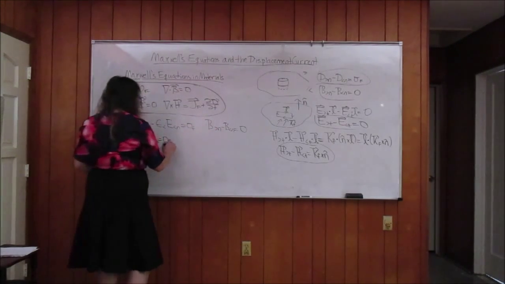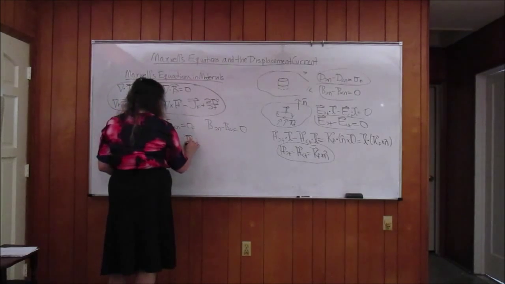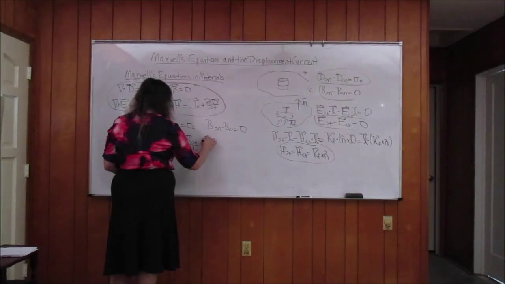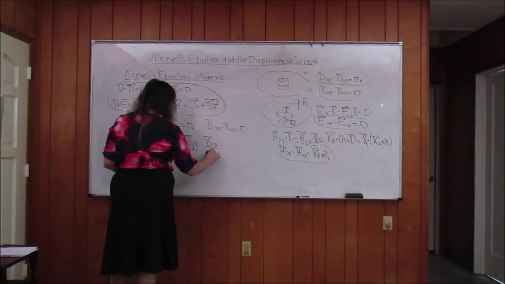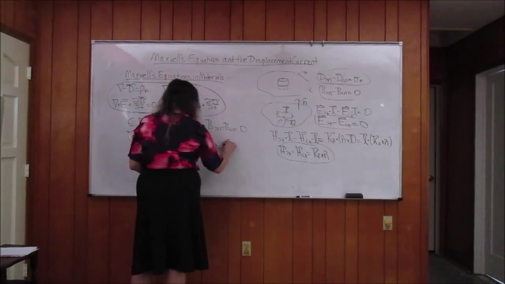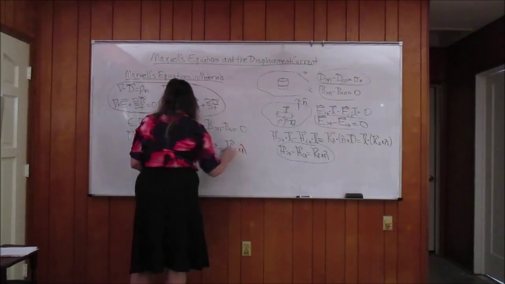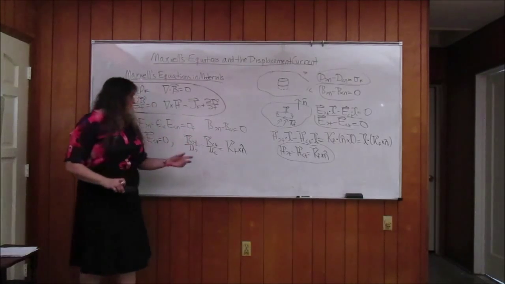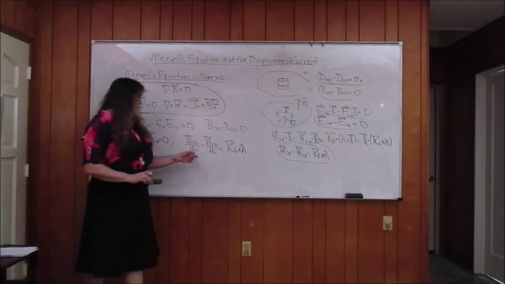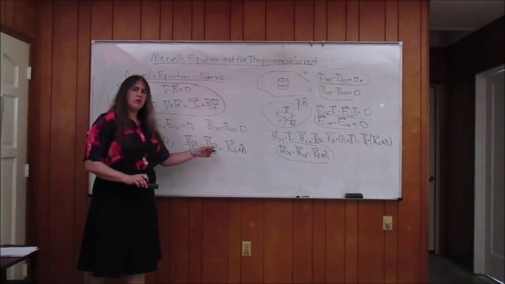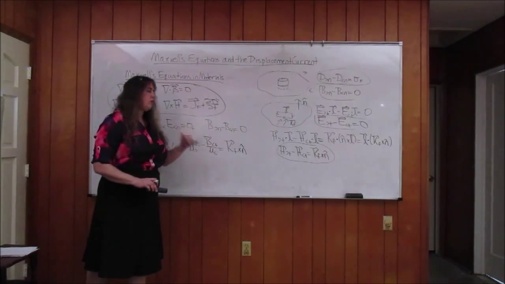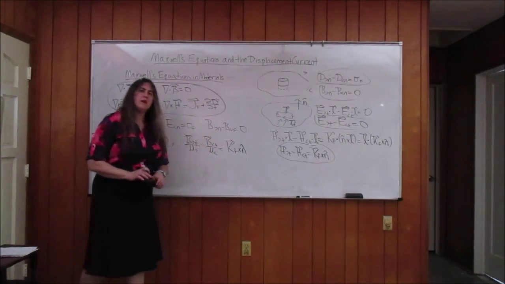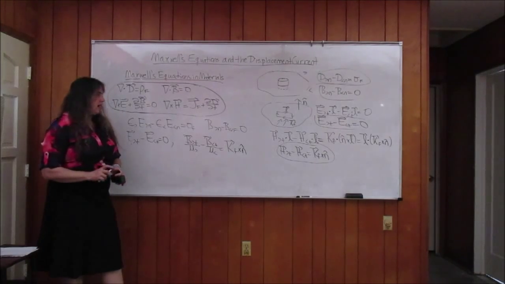And then getting to the last equation, we have the tangential or parallel component of the magnetic field above the interface divided by the permeability above, minus the tangential component of the magnetic field below the interface over the permeability below it, is equal to the cross product of the free surface current density and the normal.